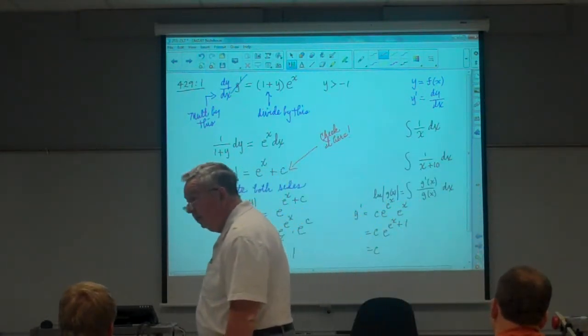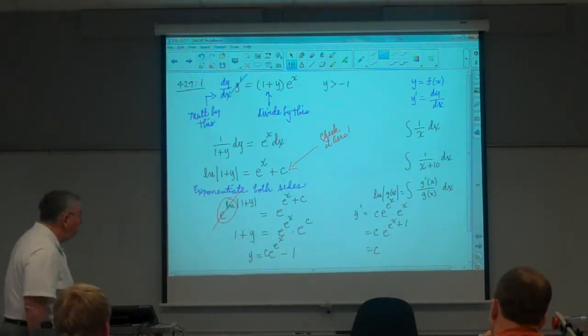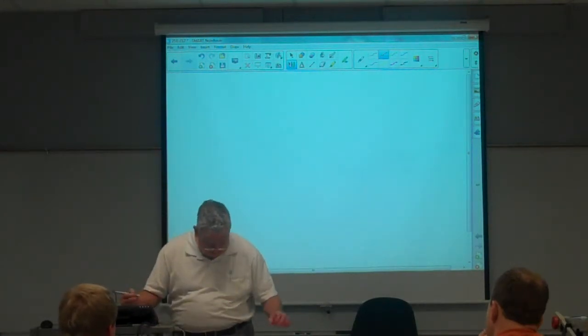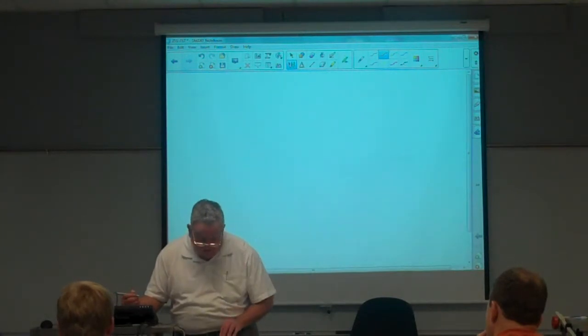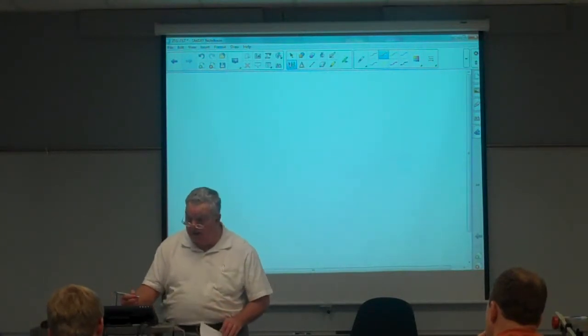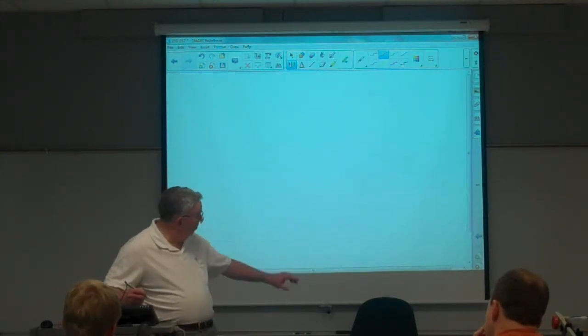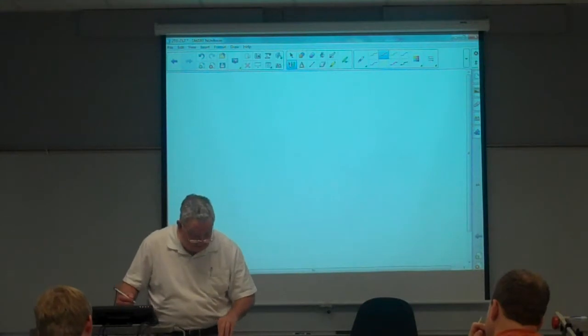Everybody okay with how the method works? And notice, if you look in your book on page 229, they left it where that red arrow was, at the same place I said I'd leave it.